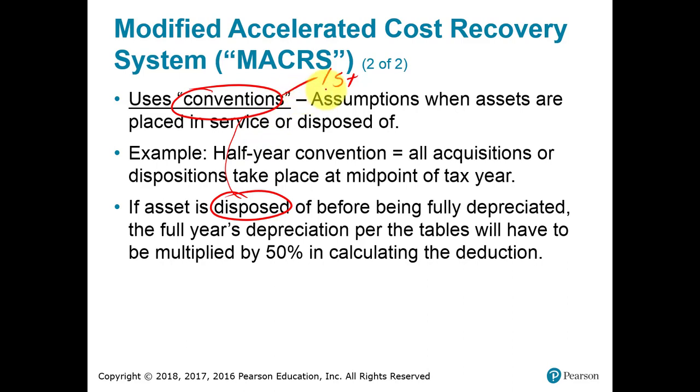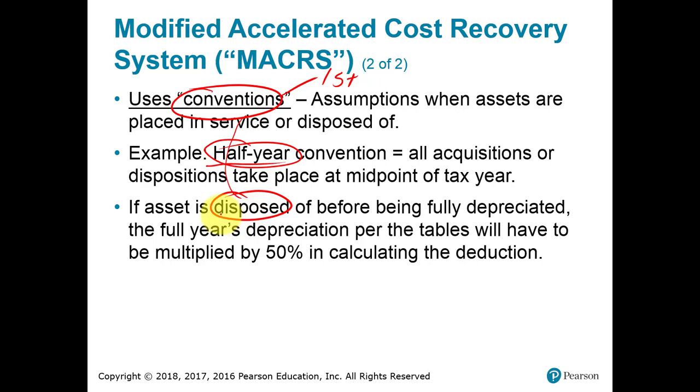In the first year, you probably are going to take just a half year's worth of depreciation, even though you held it for close to a full year, or very little of a year, or maybe just a few days. The assumption is you own it for half a year. There are exceptions to that, and we'll see that.